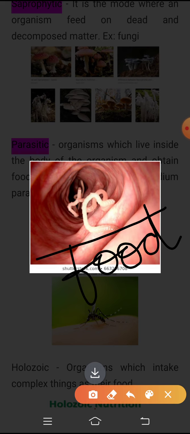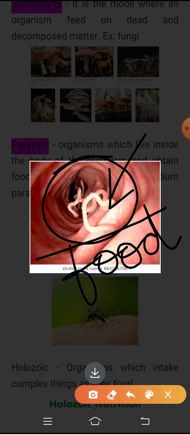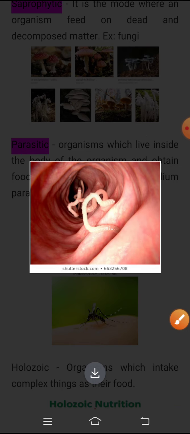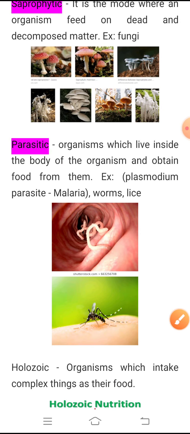So the simplified food enters the small intestine. And if the worms are present over there, those worms get the simplified food for their development. Means they are taking the food by depending on us, like now we are the host for them, so they are taking the food from another organism.